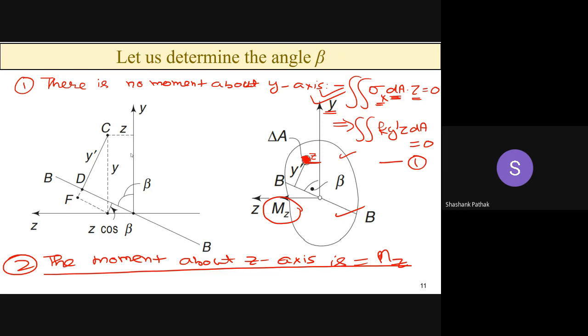Rahul. Is Rahul not in class today? Yes, sir. Rahul, tell me, from the second observation that your moment is acting only about the z axis, how will you write the moment equation? Just like this you have to write.